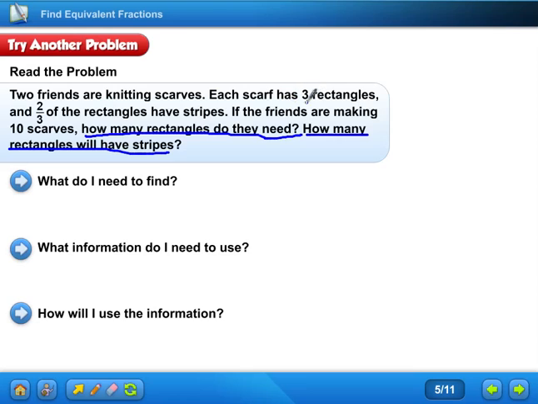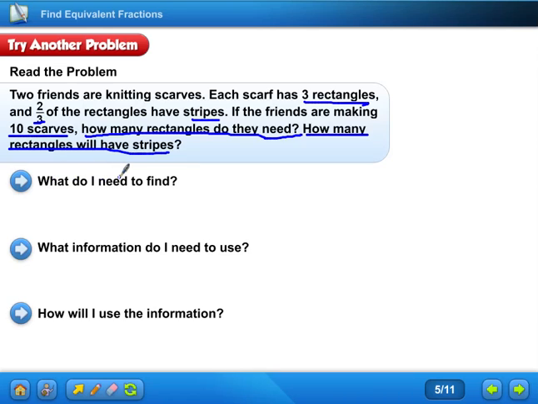So each scarf has 3 rectangles. 2/3 of the rectangles have stripes if the friends are making 10 scarves. So we have lots of information. 3 rectangles, 2/3 of the rectangles have stripes, and we're making 10 scarves.